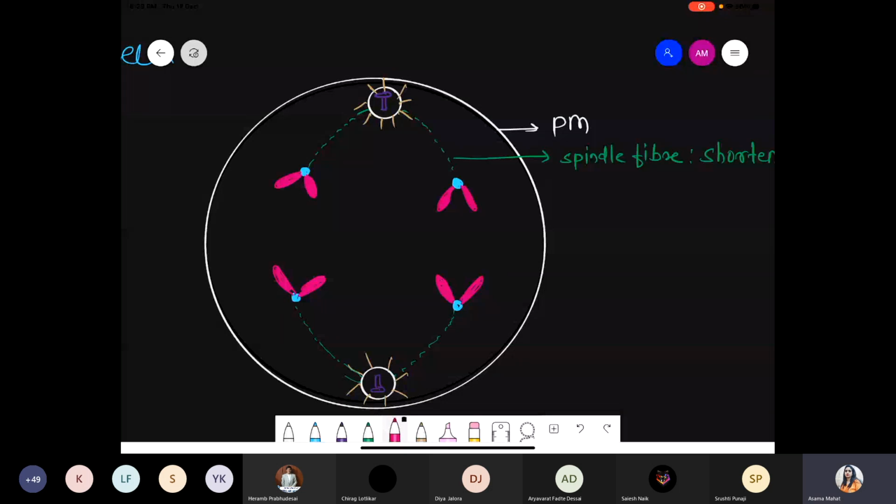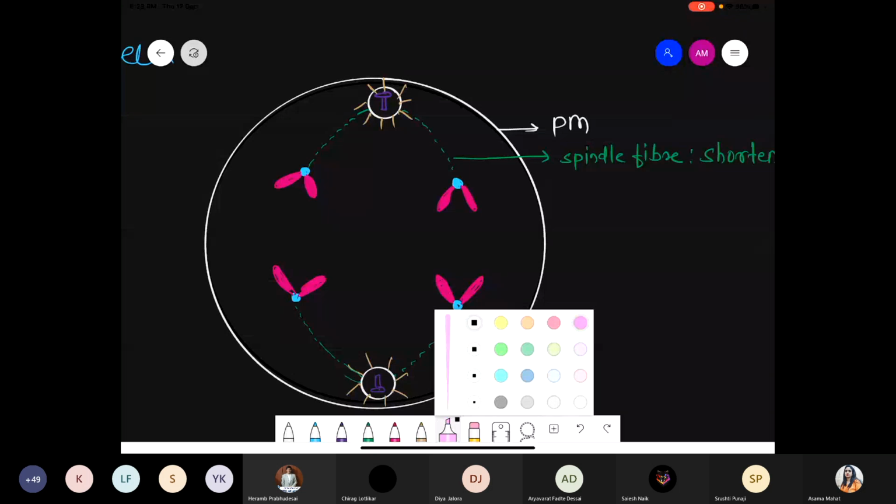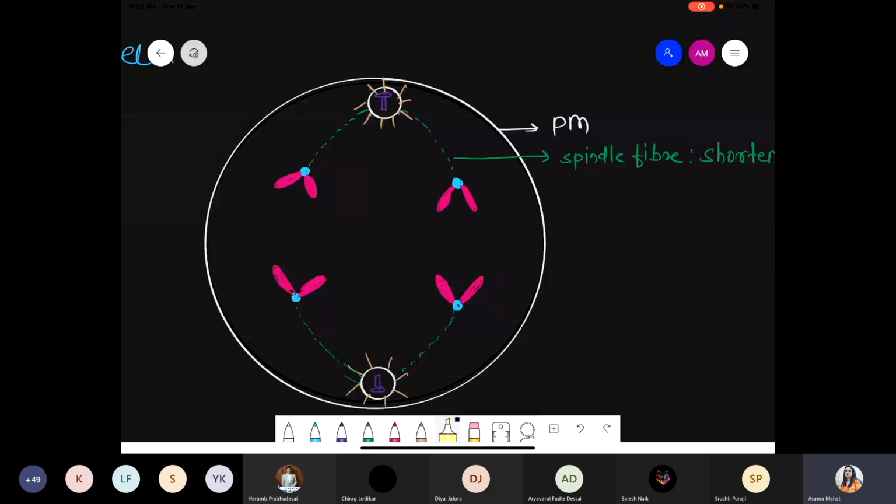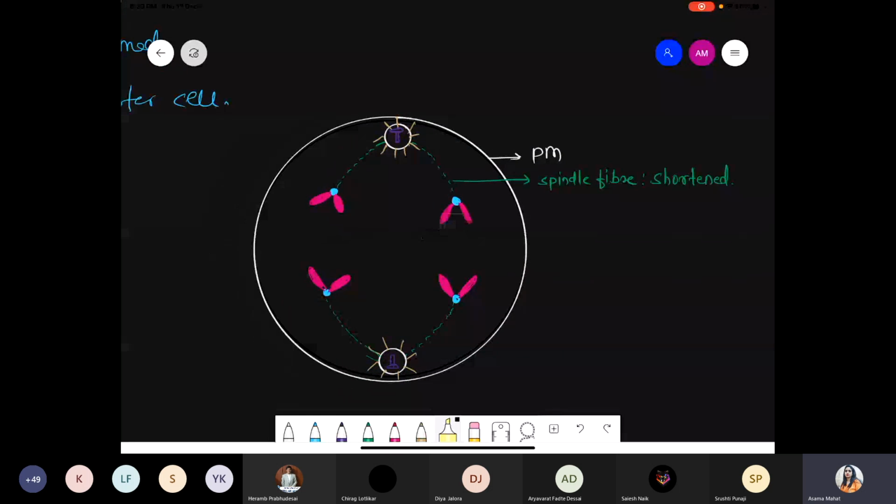Okay? So now what happened? Let us discuss a scenario. Basically, what happened in the cell? Whatever chromosomes were present, we simply called them sister chromatids. But now they converted into daughter chromosomes. So all these chromosomes present on this side, use the pencil, okay? These both basically represent daughter chromosomes.